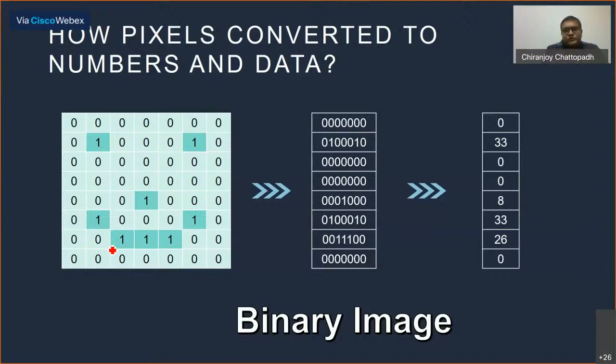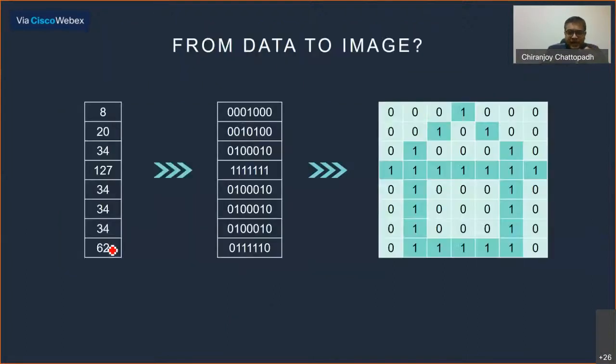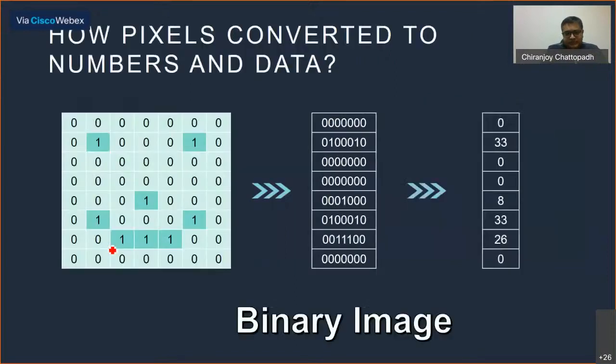Once we are able to represent this image as a one-dimensional array, we are free to do many operations on this array. So this is one type of representation. The good thing about this is that the process is reversible in nature, right? The previous one is an example of an image becoming data.